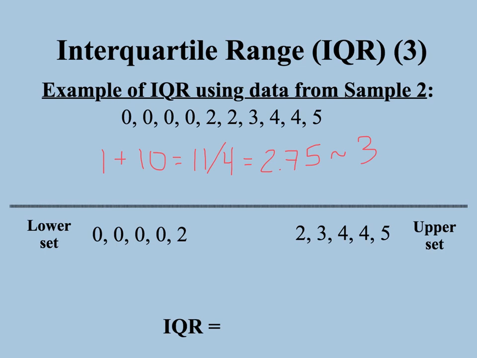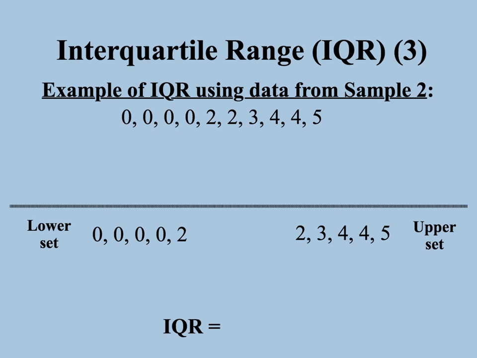The third position from my lowest observation, 1, 2, 3, would get me my Q1, and the third position starting with my highest observation, 1, 2, 3, would get me my Q3, exactly as before. You would then finish the calculation of the IQR by subtracting 0 from 4 to get 4. Either method works well, so you're welcome to use whichever method you prefer.